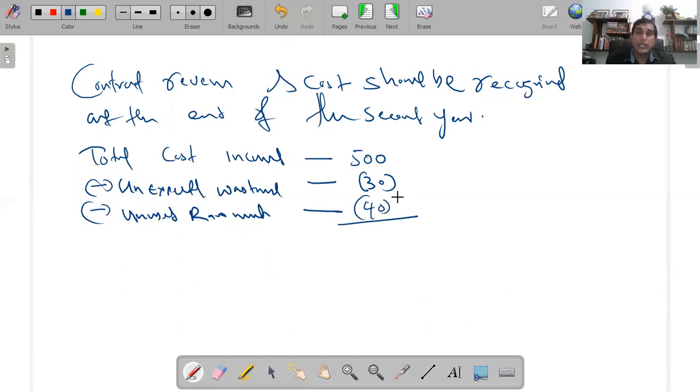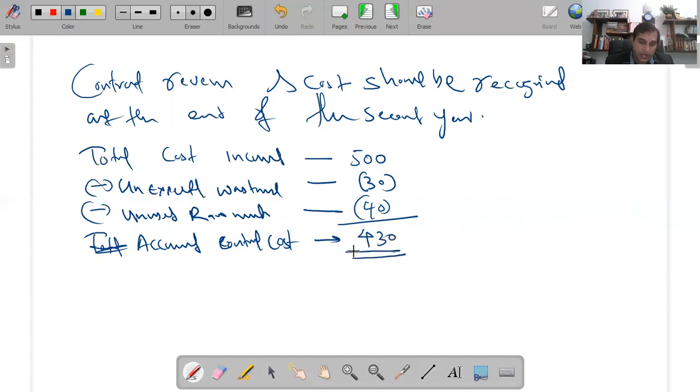So what is the accumulated contract cost? 430. So this is the incurred cost accumulated.